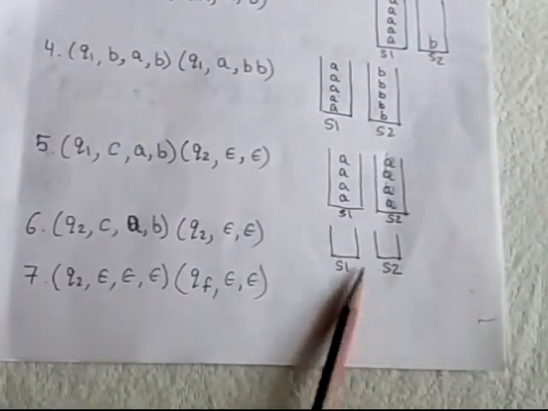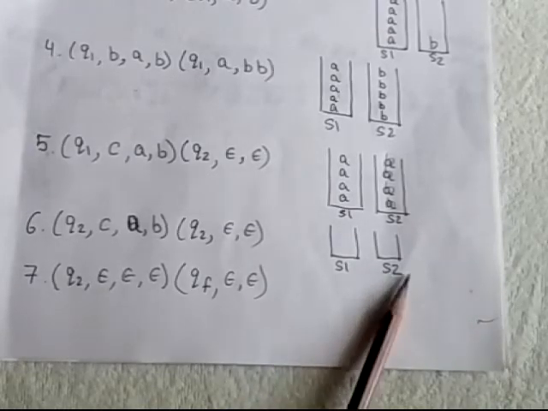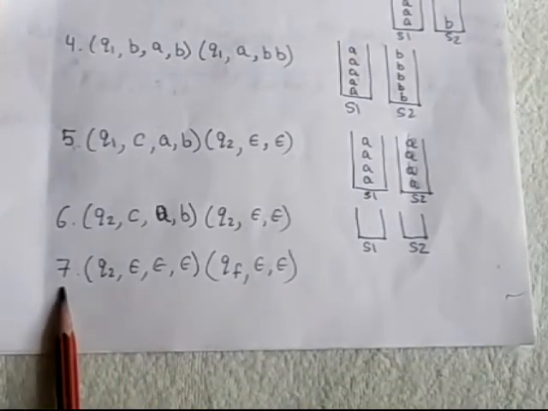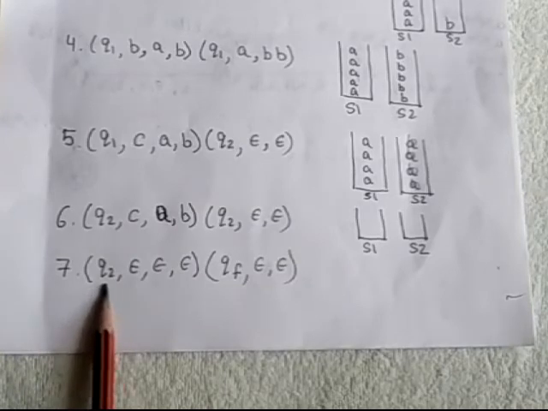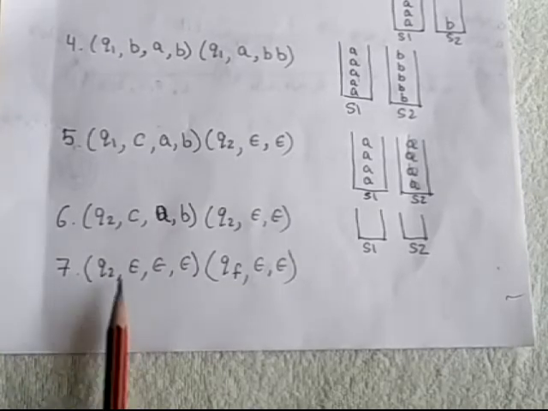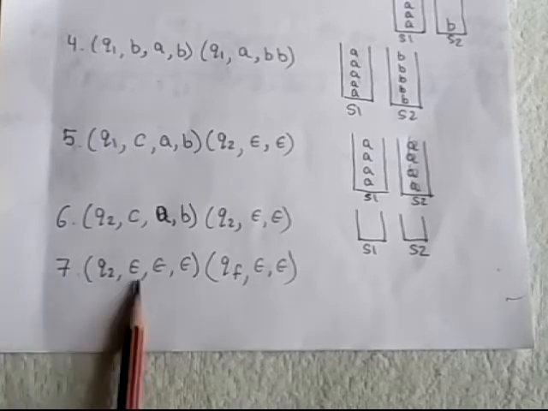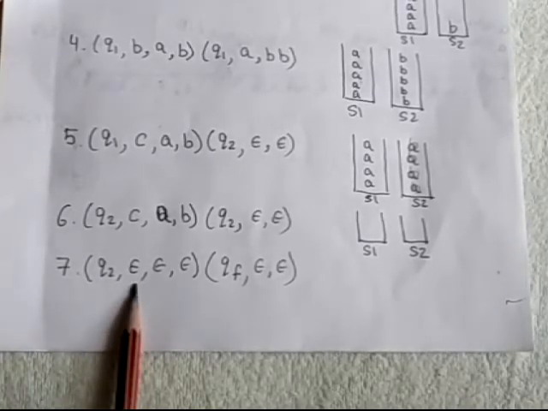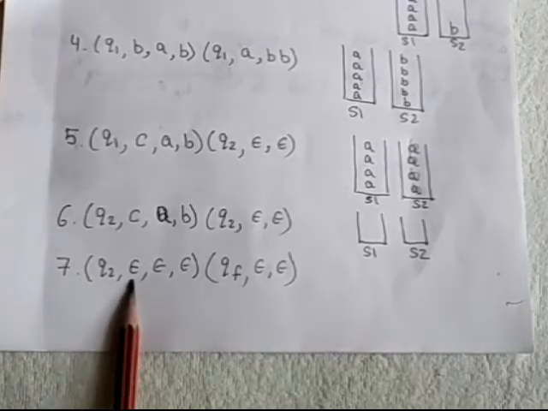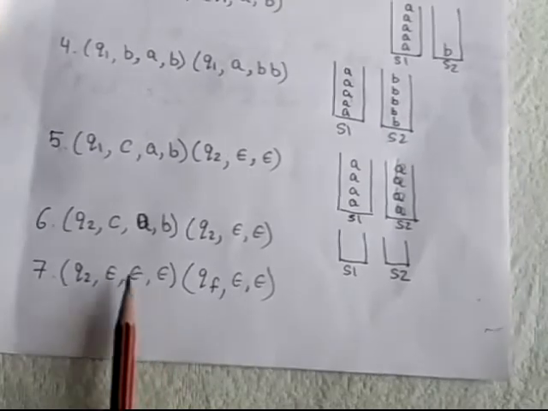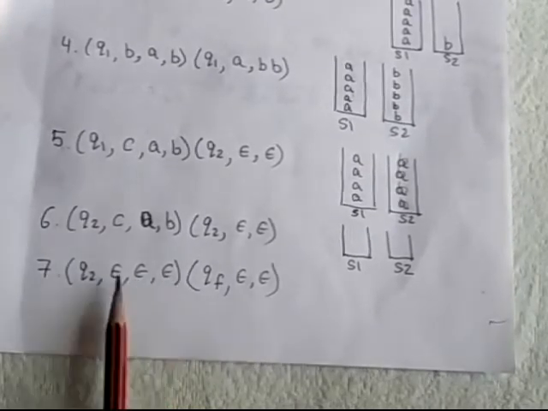Both these stacks will become empty. Now, at step 7, we are at state 2. By that time, we will have read the entire string, which is why epsilon is here, and both these stacks have become empty.